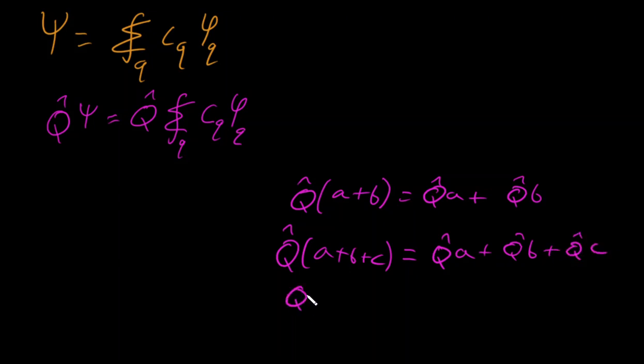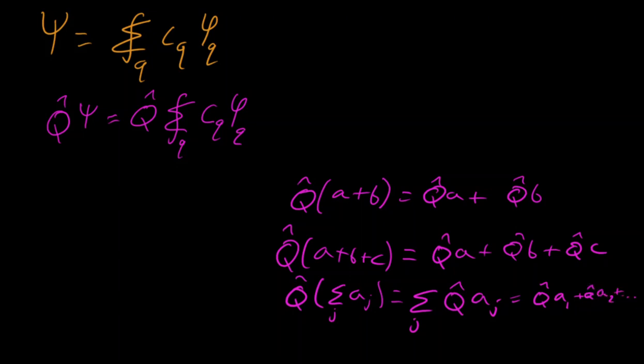And if I had q hat acting on some sum over j of, say, a sub j, the q hat goes inside, because q hat acting on a sum is the sum of q hat acting on each part. So this would be the sum over j of q hat acting on a sub j, which is q hat a1 plus q hat a2 plus dot dot dot.